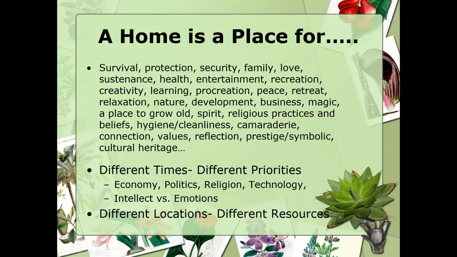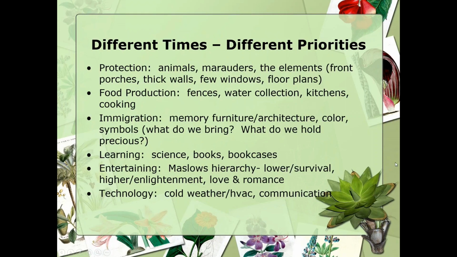Economy, politics, religion, and technology all impact how we deal with those things that we love so much. And intellect versus emotions: we'll see those go back and forth, what we value, intellect and symmetry versus emotions and romance. Different locations and different resources will also have an impact on the architecture present.